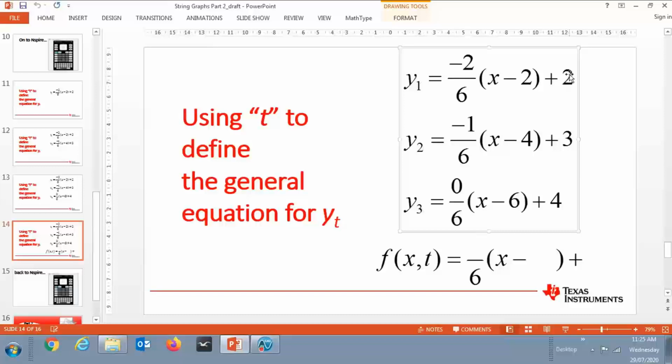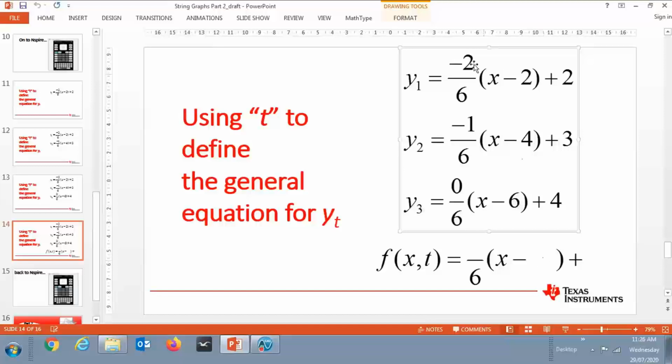So let's just keep that in mind. That's going to be t plus 1. Let's take a look at these numbers here. 2, 4, 6. 2 is twice 1, 4 is double 2, 6 is doubling 3. Maybe this should be 2t.